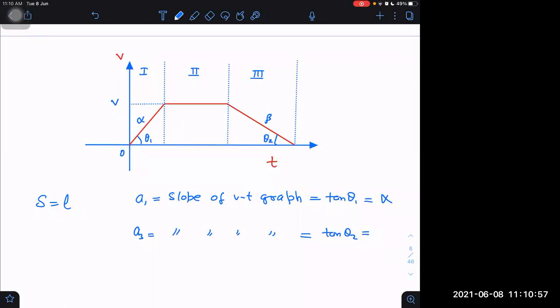We have to take slope angle always in anti-clockwise direction. While I am writing in this way, it is not the actual slope, it is the magnitude of the slope. So this is the magnitude of the retardation beta. It has no sign here, it is magnitude wise. Understood?